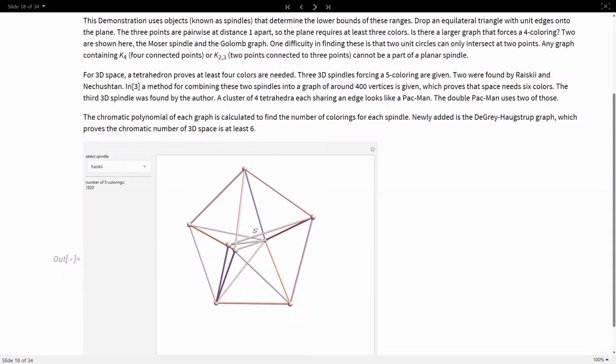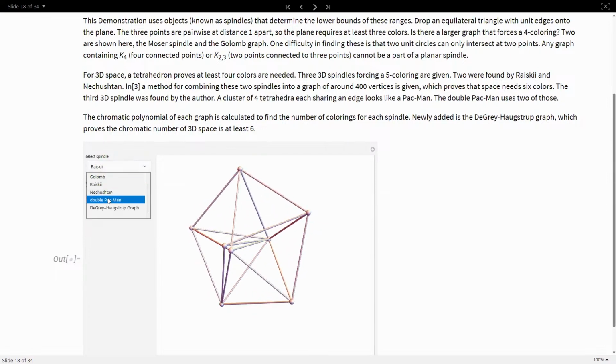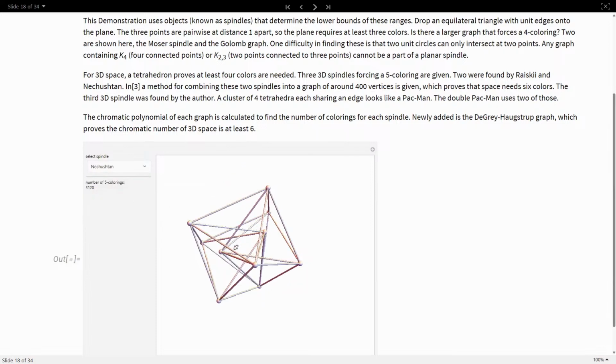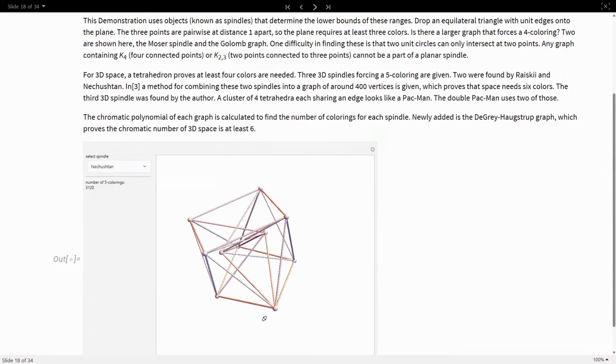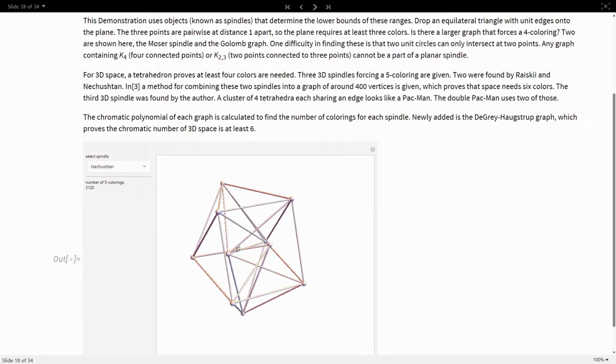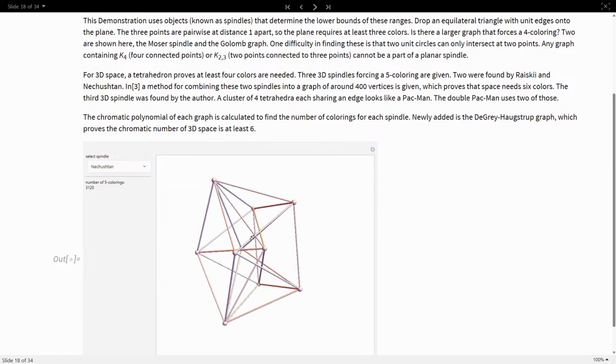So this object can be proven to need at least 5 colors to be made. A similar object is this shape here with a more complicated argument.